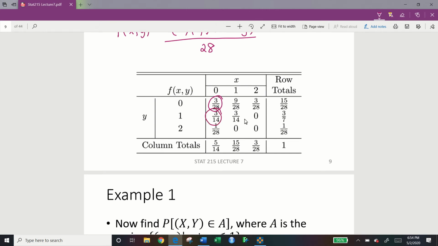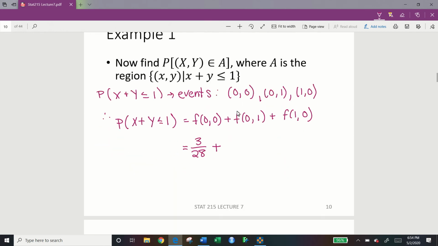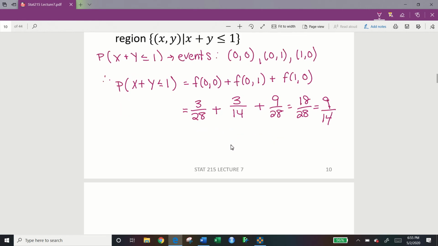And since we're here, f of (1, 0) is going to be 9/28ths. We will add up our probabilities to get 18/28ths, or 9/14ths. There we go. That's the end of this example problem.